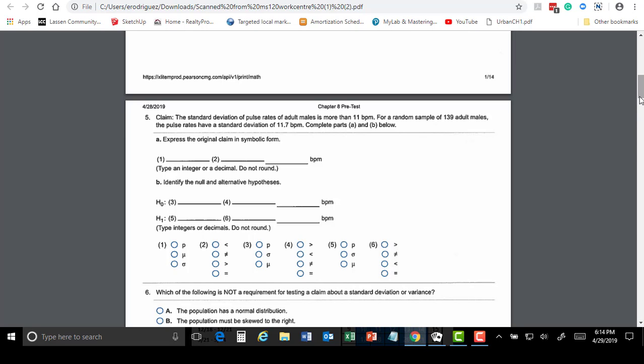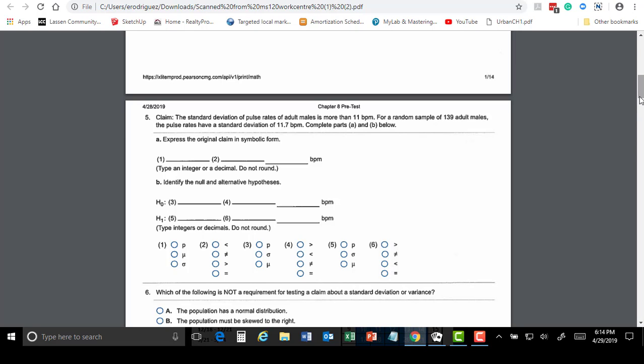That's the deviation from the mean. That's not the mean. It's the deviation. And there's a random sample of 139, which has a standard deviation of 11.7. Now we need to complete parts A and B.